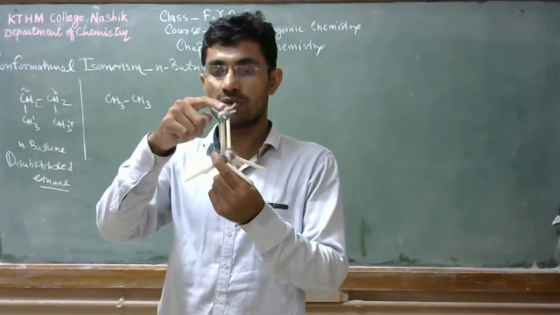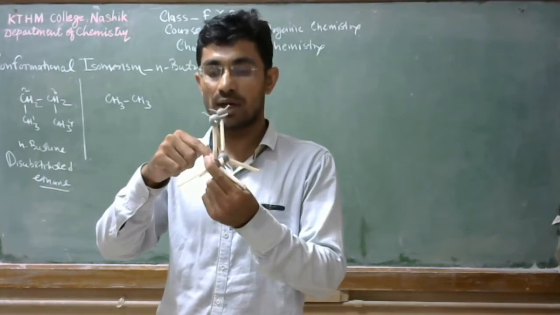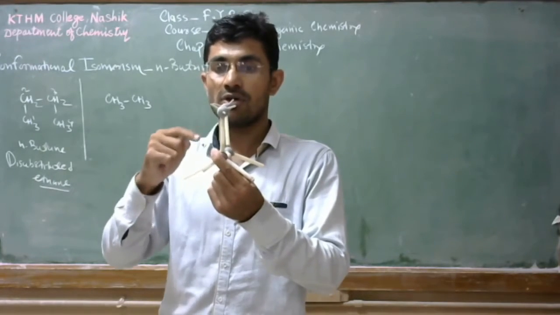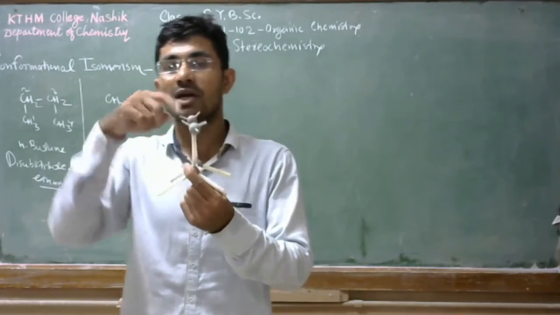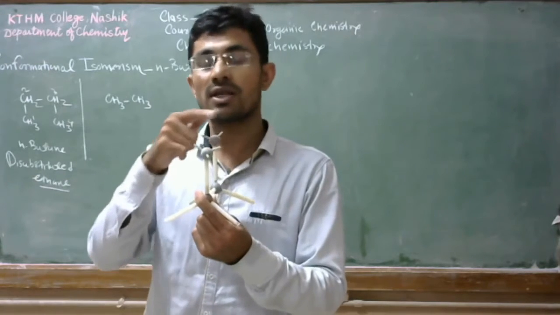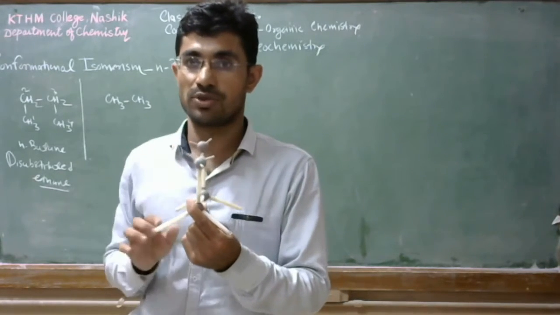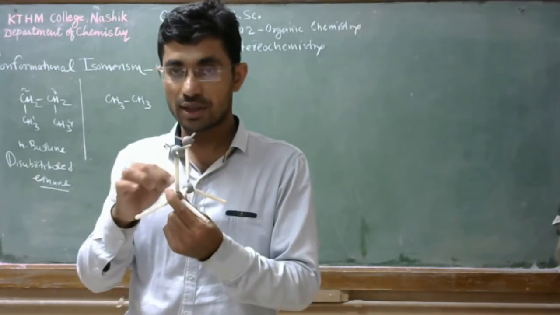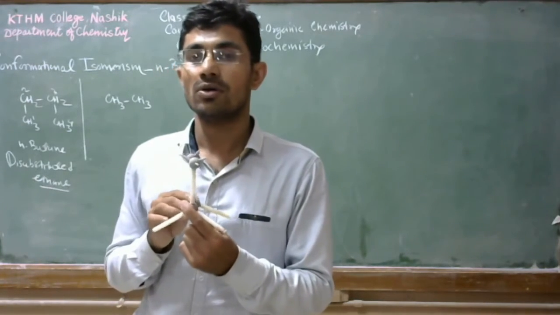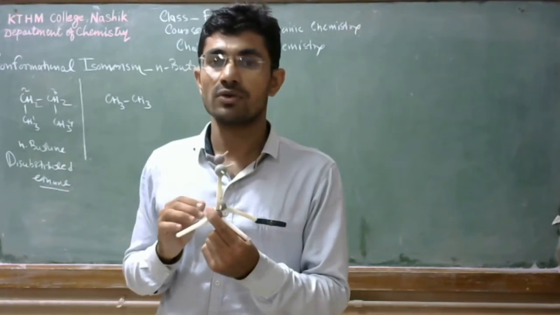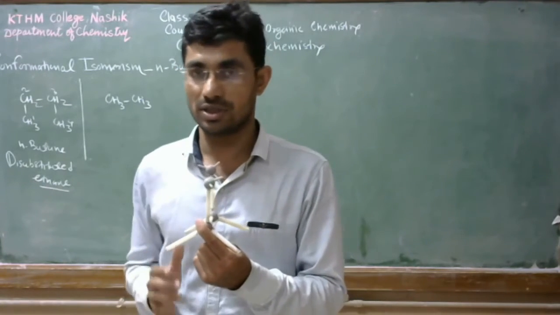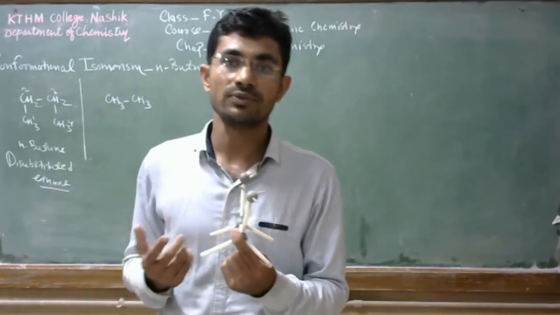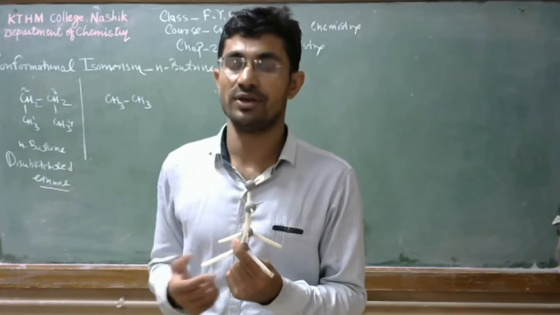This is the methyl group, this is carbon number 2 and carbon number 3, and again this is carbon number 4. 1, 2, 3 and 4. Over this C2-C3 bond we show the rotations, and because of these rotations we get the different conformations of n-butane.